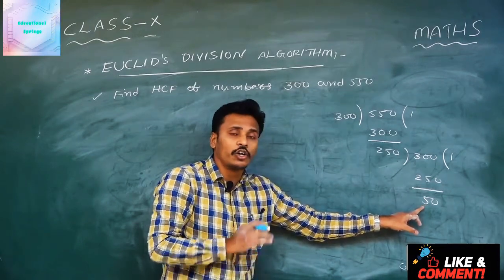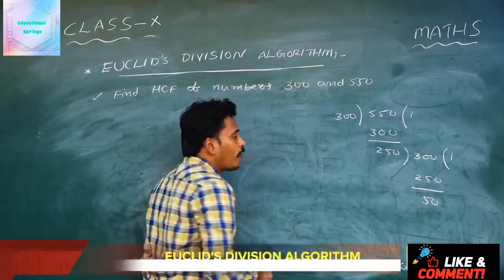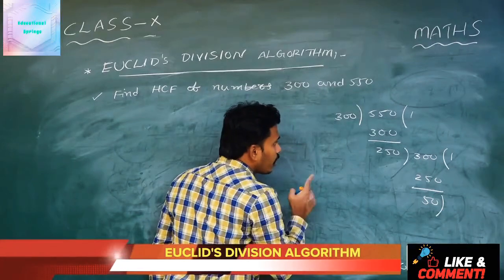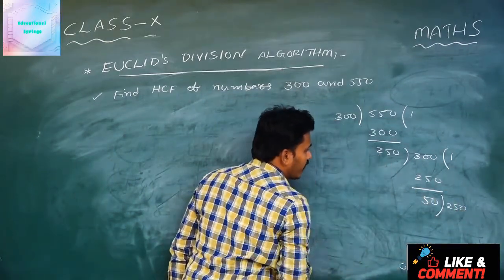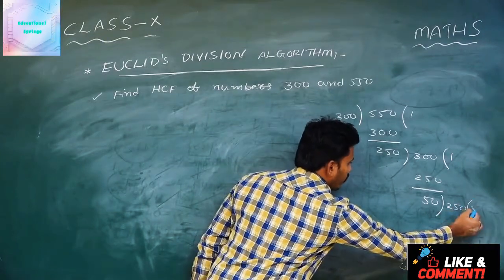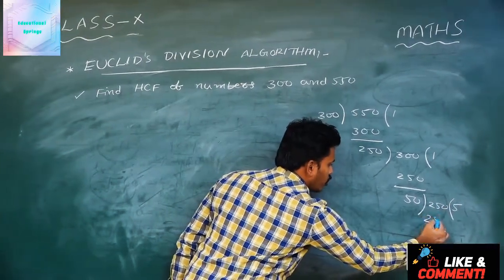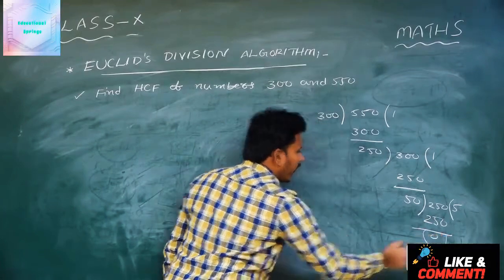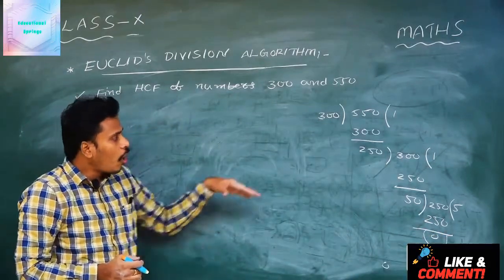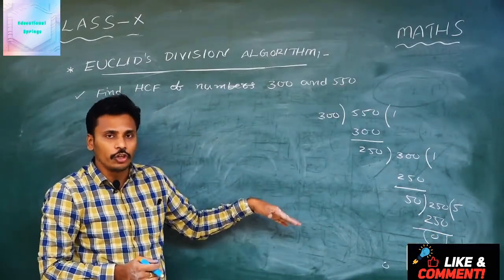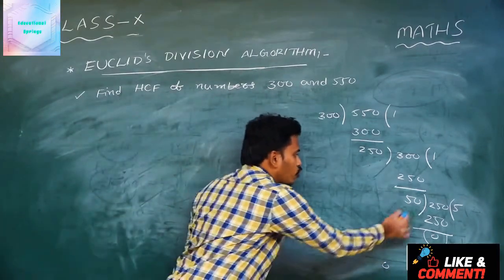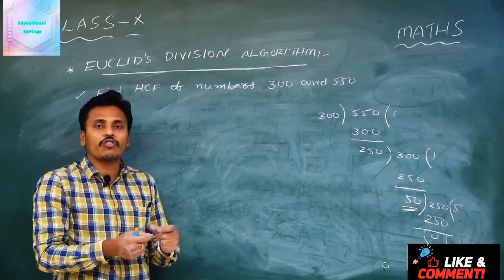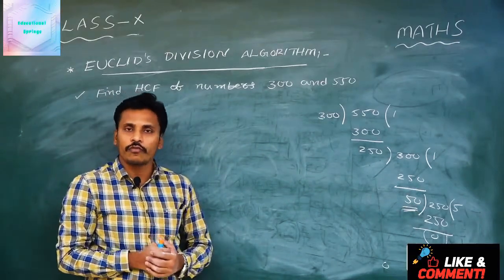Since it is not 0, we need to move with one more step, and for the next step, this 50 is the divisor, and that 250, the divisor of the second division, is the dividend. If you proceed, 50 fives are 250, and the remainder in this case is 0. At the end, after the third step, the remainder is 0. Since the remainder is 0, the process ends, and we announce this 50, the divisor of the last division, as the HCF of the numbers.